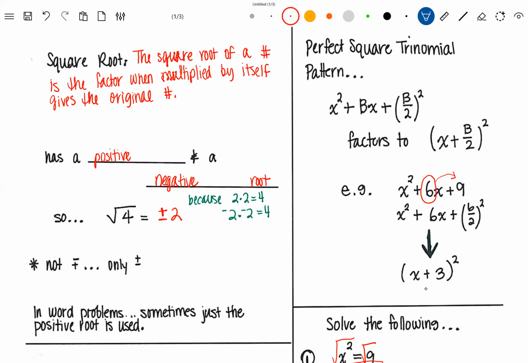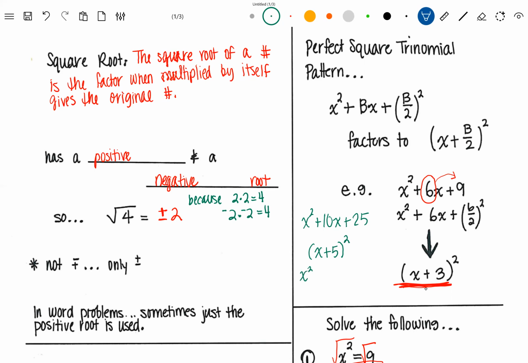So it is a perfect square trinomial that can be written like this. Another perfect square trinomial, x squared plus 10x plus 25. If I half 10, I get 5. 5 squared is 25. So the number that's used in both of those is 5. So I would write this as x plus 5 squared.